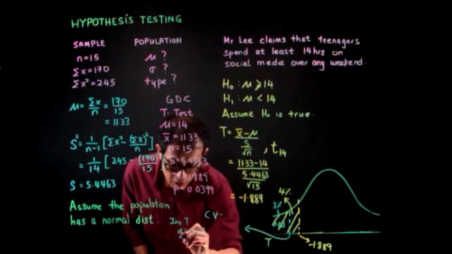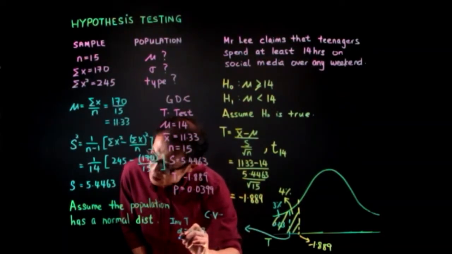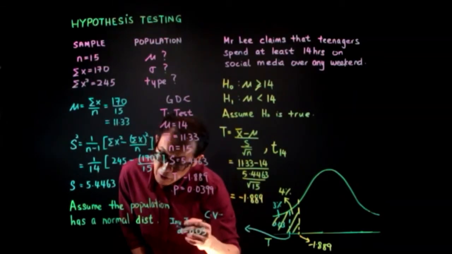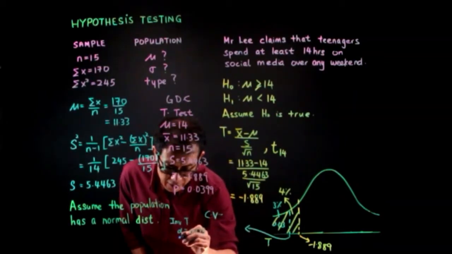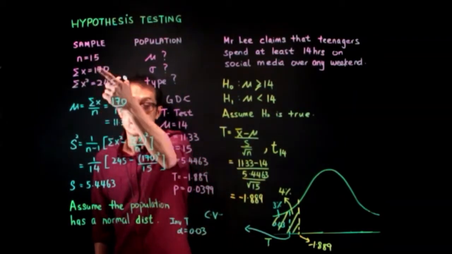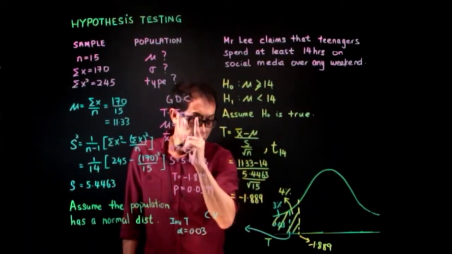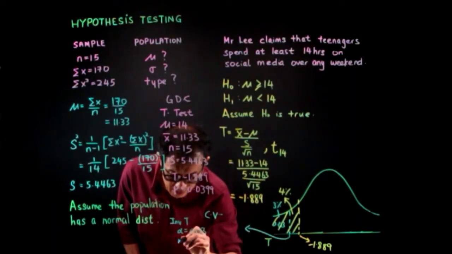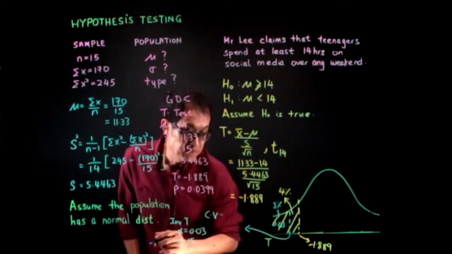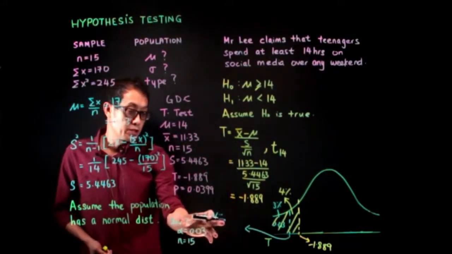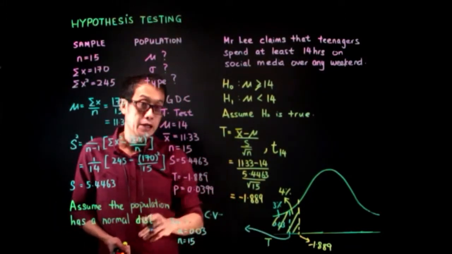And your, I think it's your degrees of freedom or your n. I'm not sure which one. If they ask you for n, you just key in 15. If they ask you for degrees of freedom, you key in 14. If I'm not wrong, it's n. You can look at it. I can't remember. That is how you get your critical value.